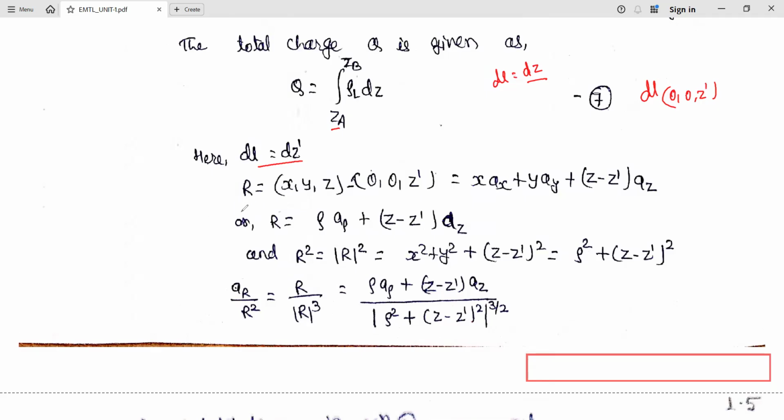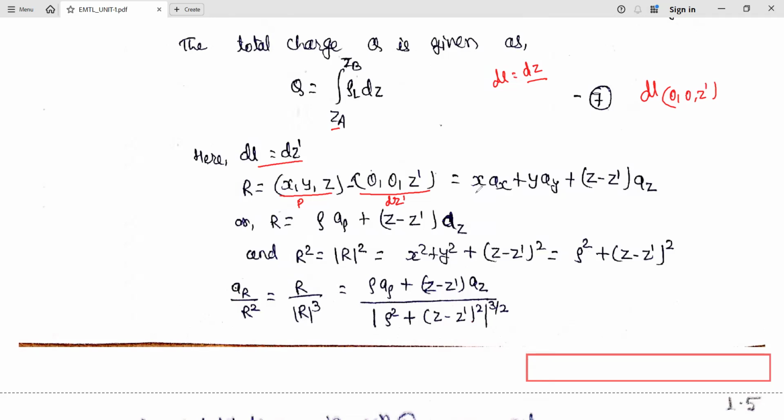Now you have to find the position vector R value. That is the final position minus initial position. So this X, Y, Z is the coordinate of point P, and this is the coordinate of the differential length, which we are writing as 0, 0, Z dash. So finally, we just have to subtract the initial point coordinates from the final.